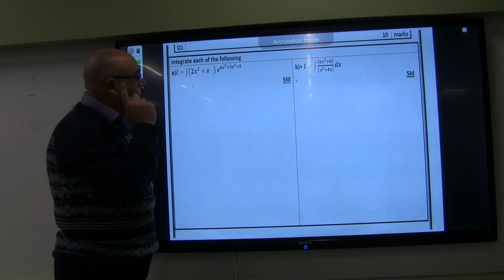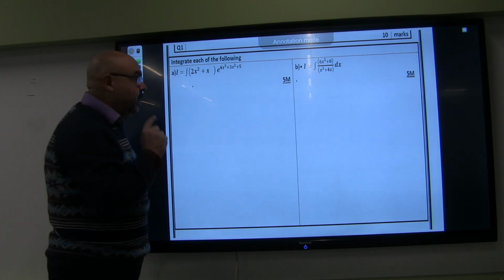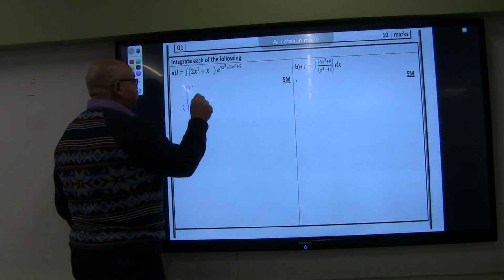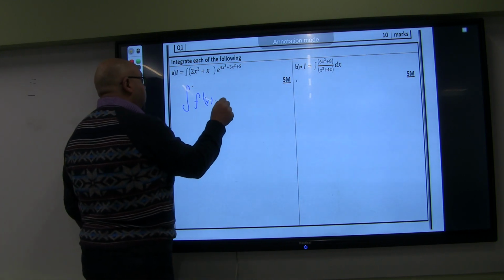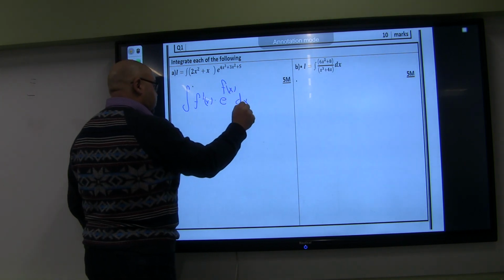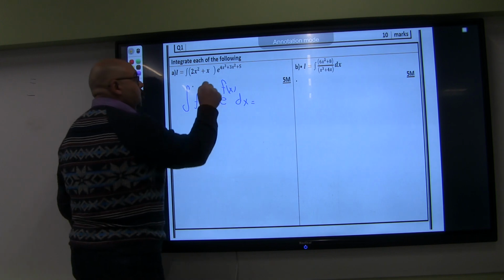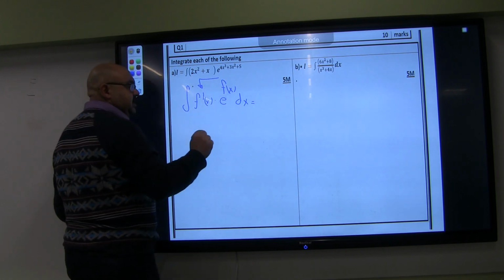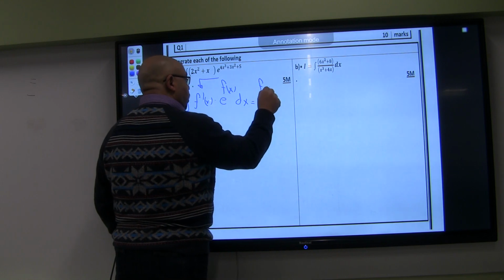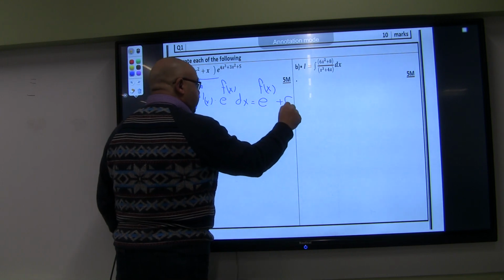You remember, when I deal with an exponential function, I have to remember its rule. Its rule states that if you have the integral of f dash x times e to the power of f of x with respect to x, once this condition is satisfied, the result is going to be e to the power of f of x plus a constant.